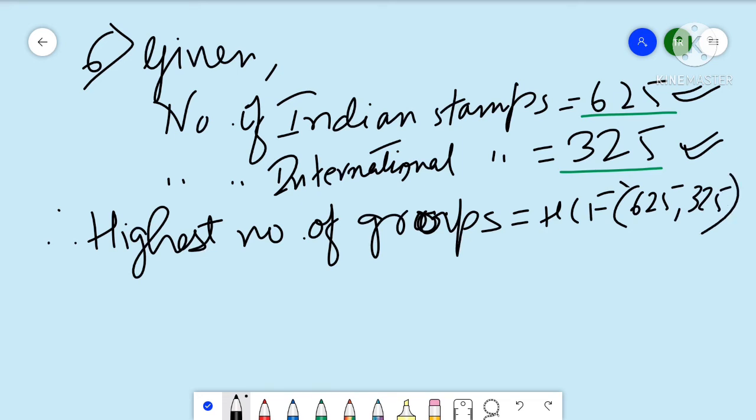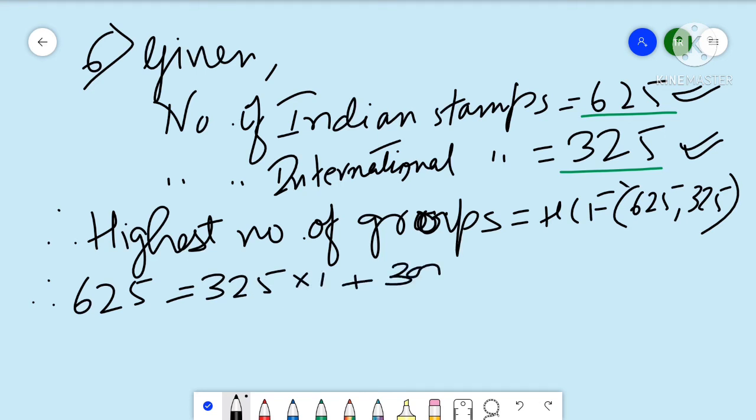We will do it by Euclid's algorithm. So how did Euclid do it? We will try to find the HCF now. So how to do it? We have 625 can be written as 325 into 1 plus 300.